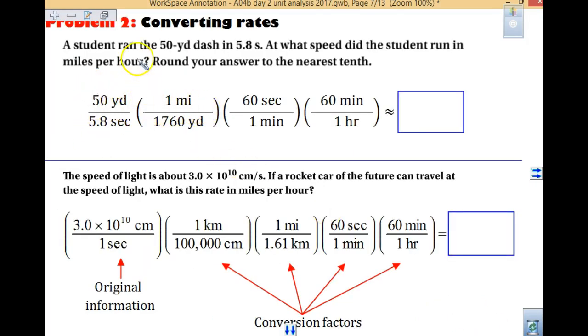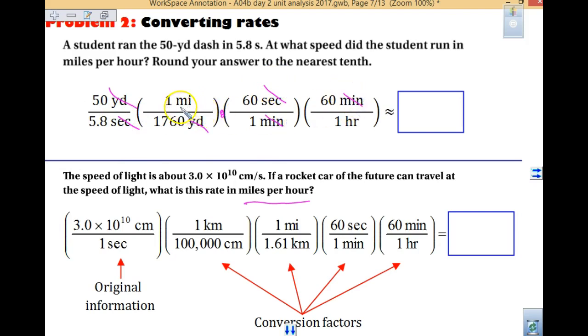This is in your notes, converting like a 50-yard dash or the speed of light in centimeters per second to miles per hour. You have to show all of these multiplying so that you can cancel the unit yards with yards, the seconds with seconds and minutes with minutes.